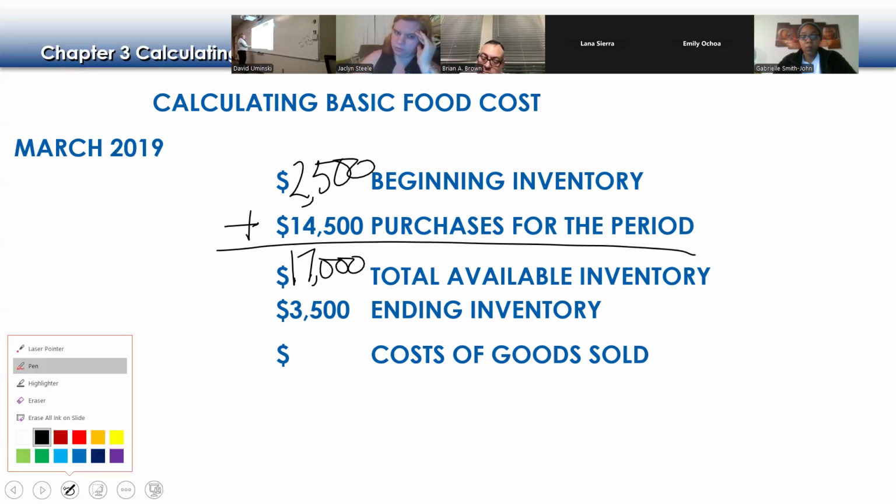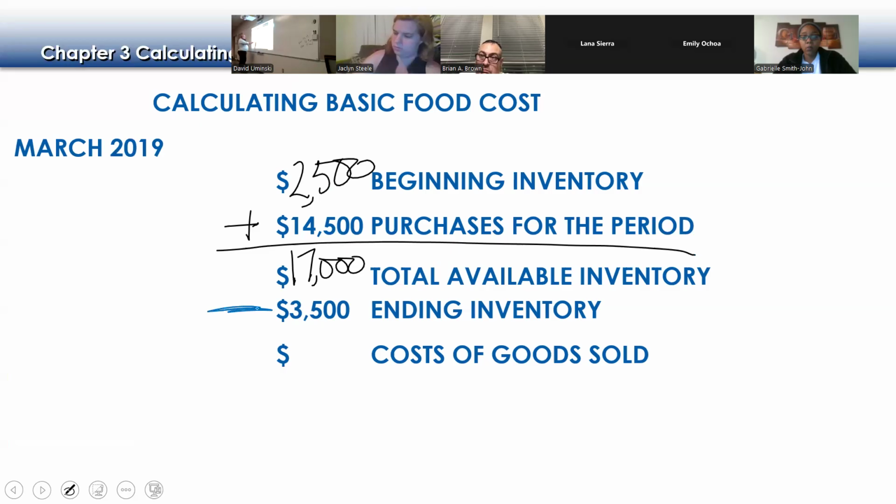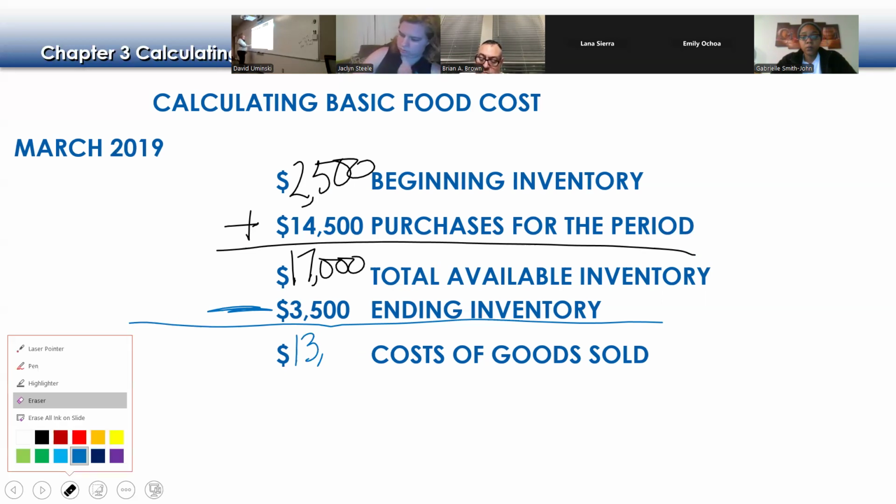And then we subtract our 3,500 and we get cost of goods sold. 17,000 minus 3,500 is 13,500.